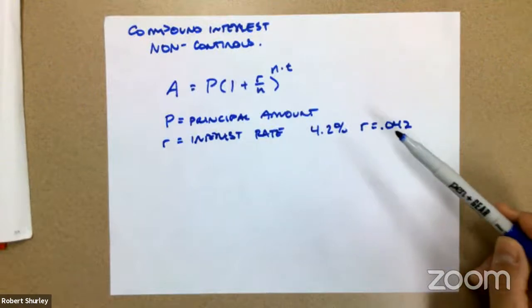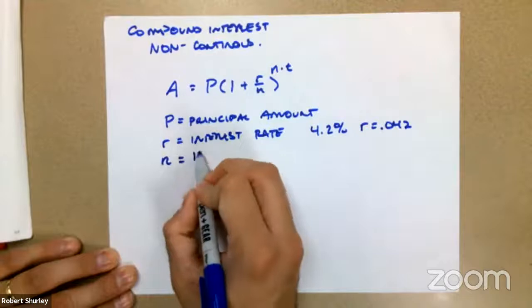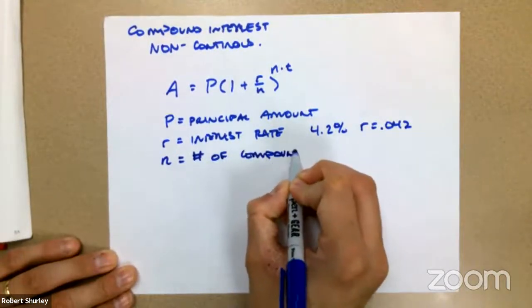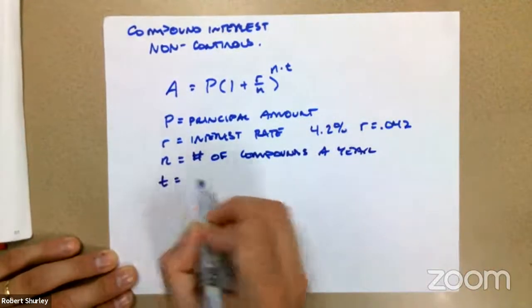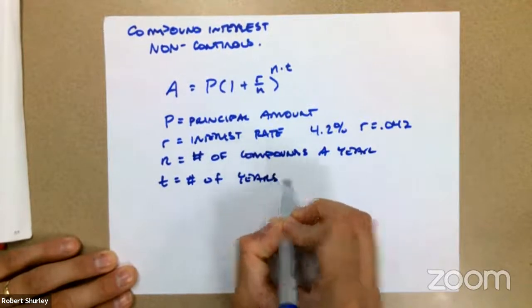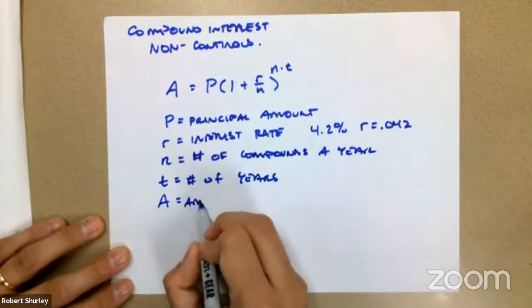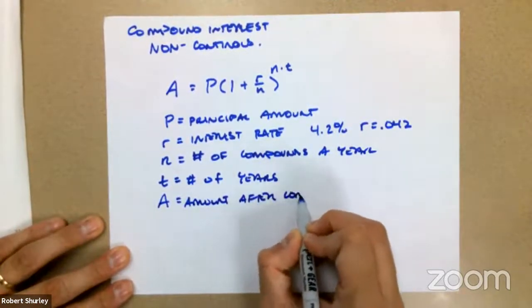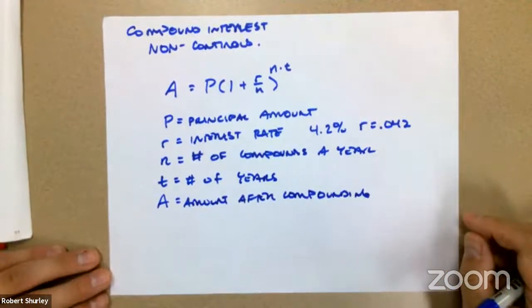N is the number of compounds a year, and T is the number of years. A is going to be the amount in the account after compounding.